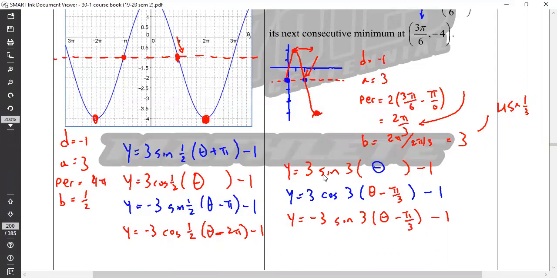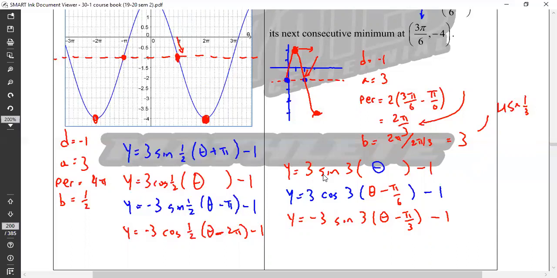Let's back that up a second. Maybe you caught this mistake I made here. Theta is for cosine the maximum. That point happened at pi over 6, right? So theta minus pi over 6.